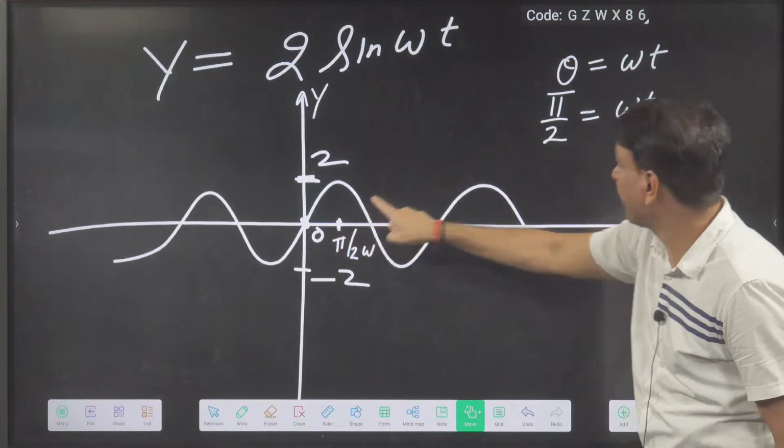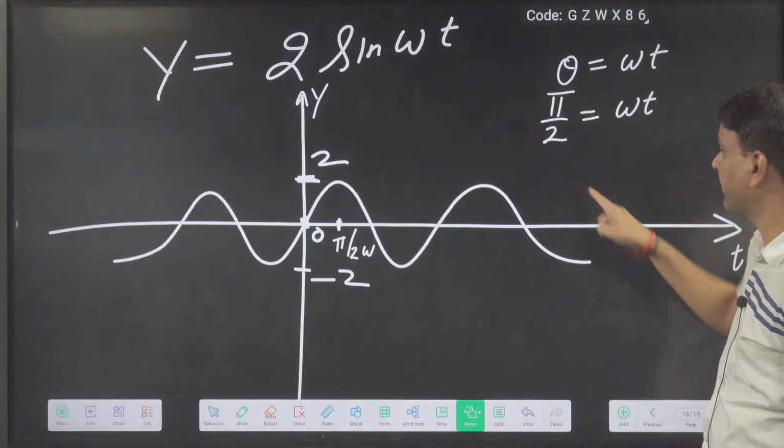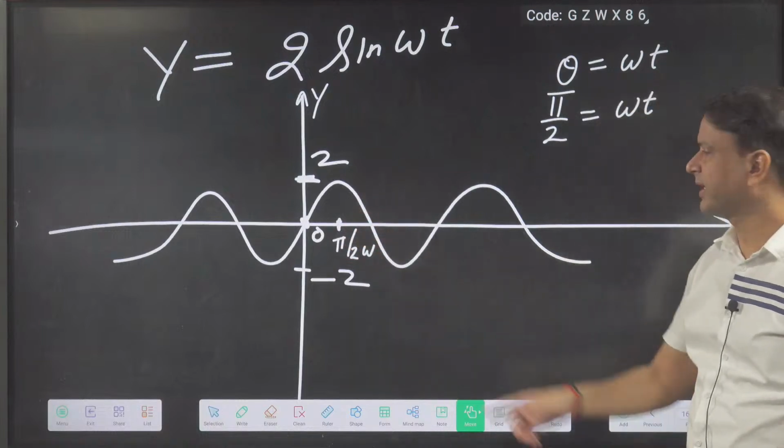When theta is pi by 2, omega t is also pi by 2. From this, t is pi by 2 omega. So here I will write pi by 2 omega.